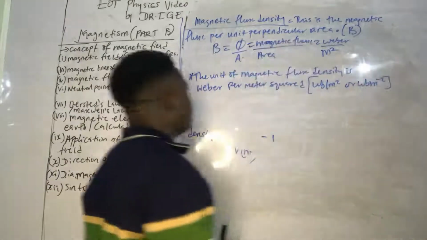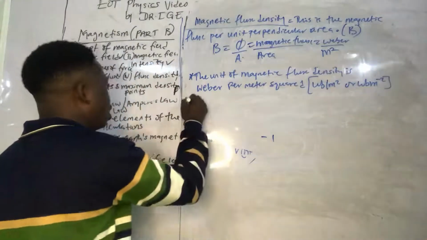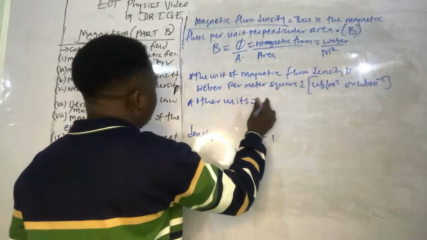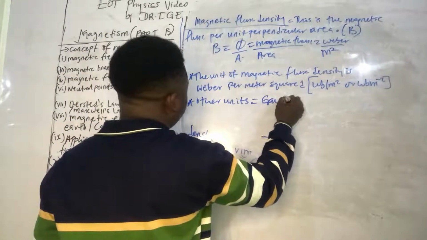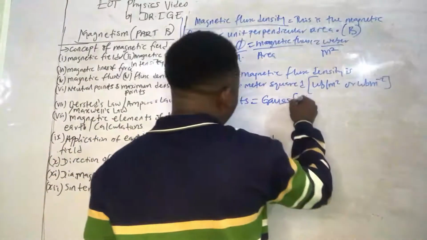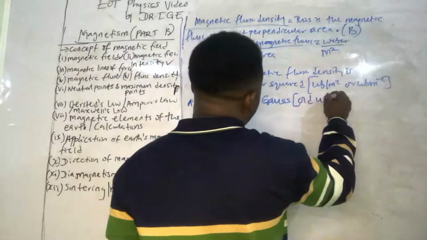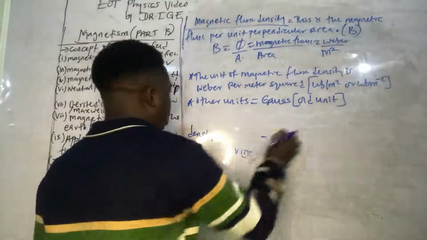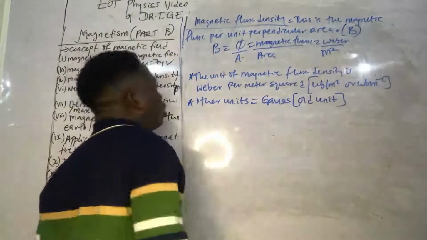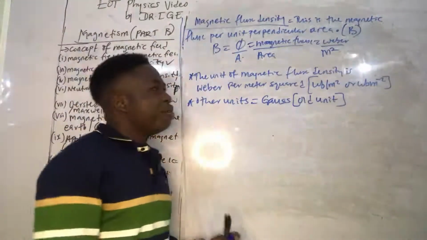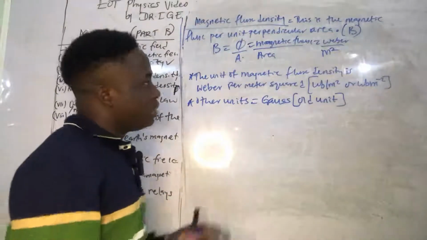So that's it. Other units: we have the Gauss. The Gauss is an old unit of magnetic flux density. If you remember, I wanted to give you one unit of magnetic flux the other time, but I didn't.